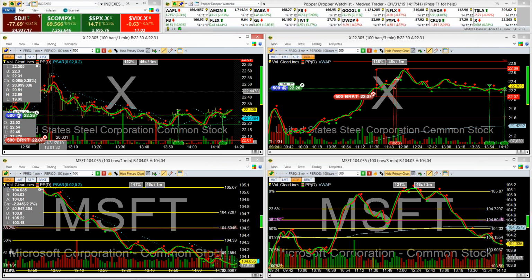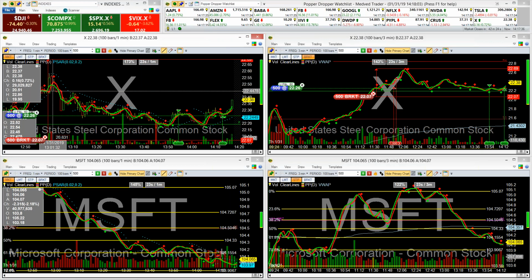We also have the arrows, the up and down arrows. The way the arrows work is when the red and green lines cross over, an arrow will appear, but the arrow may go away until that interval completes.